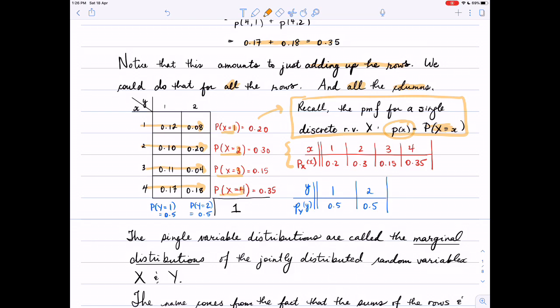The only thing is that we change the name a little bit since P was the name of the table, right? This was P of x, y. So as to not run into any confusion, we don't call this P of x, right? We call it P sub X of x to show that it is related to the original P, but it is for the variable X. And we put all those values into one table, and it looks like a regular PMF.